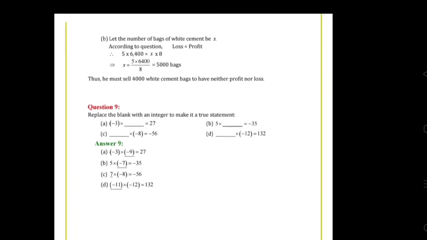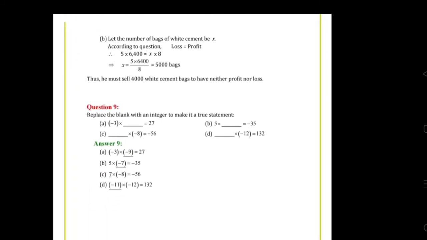Now the second point: what is the number of white cement bags it must sell to have neither profit nor loss, if the number of grey cement bags sold is 6400? Let the number of white cement bags be x. According to the question, no loss no profit, that means both are equal.